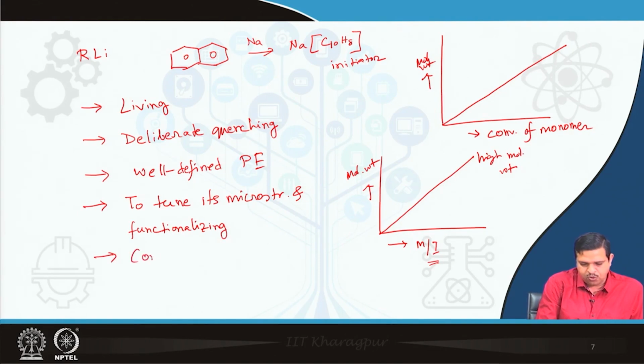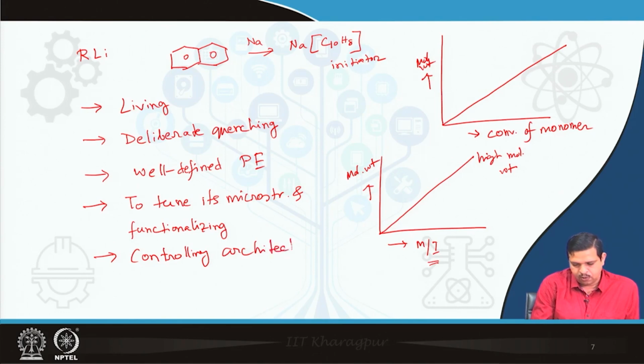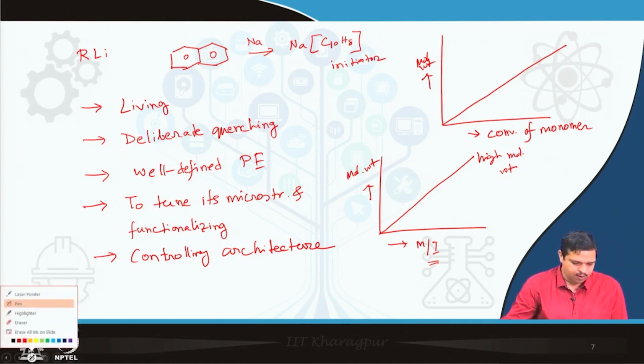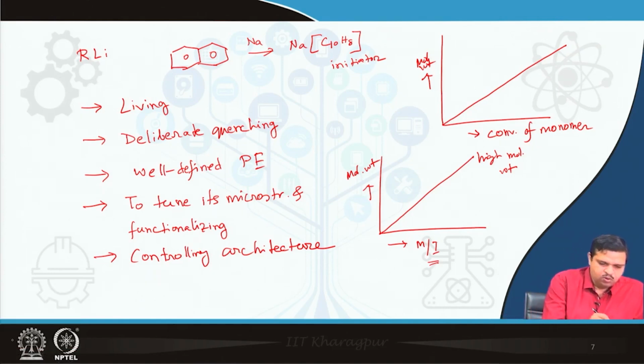And controlling the architecture, that is the biggest advantage of this kind of living polymerization. As I told you, in many cases, depending on the specific applications, you may need to have polymers that are linear or highly branching like that.